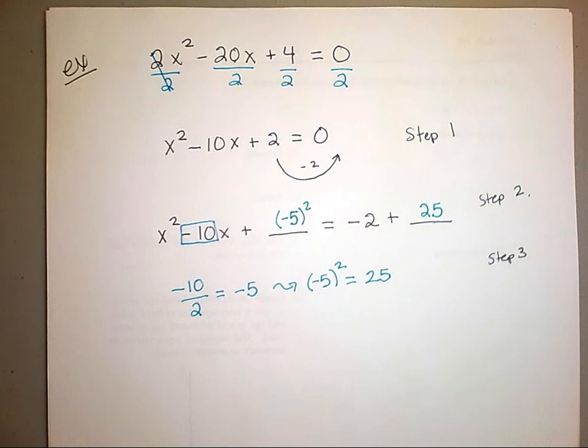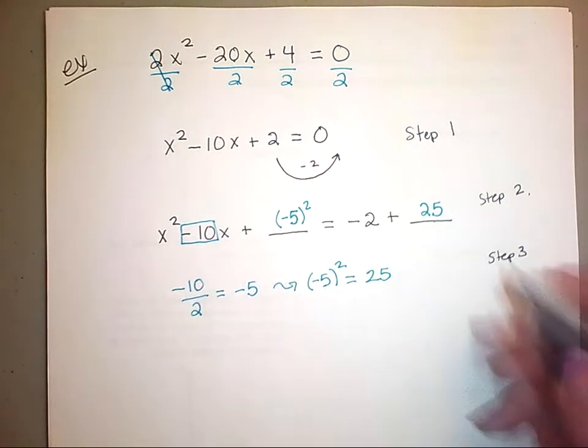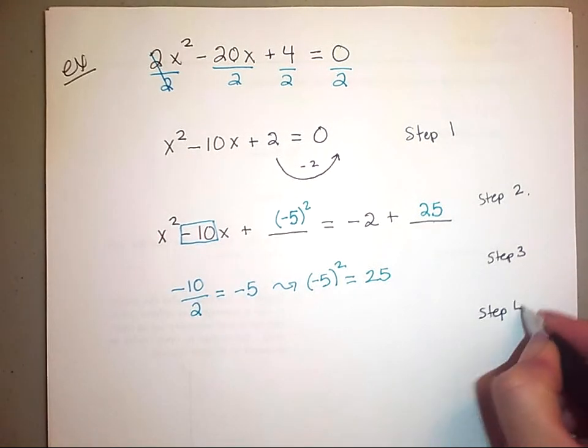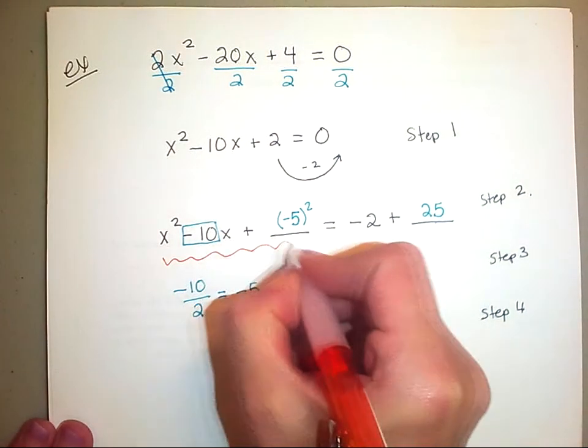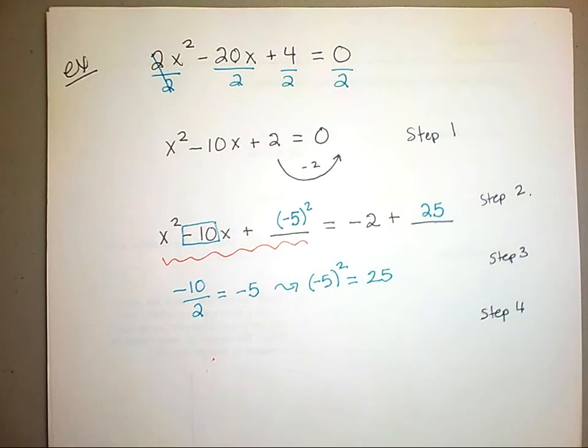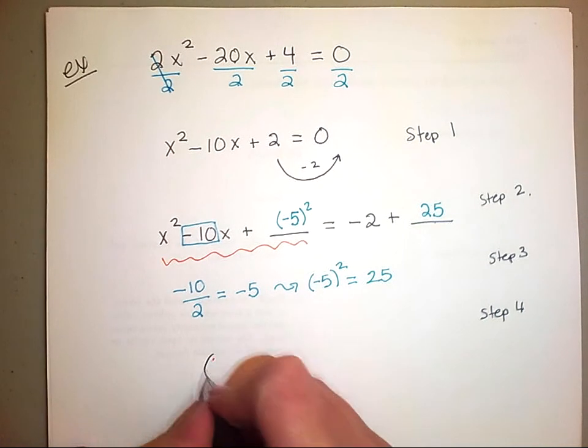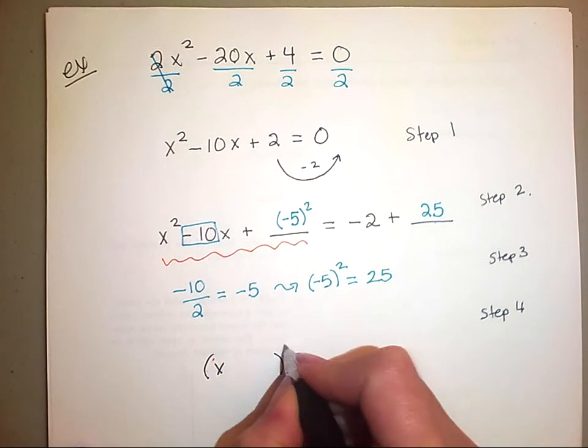I'll show you why in just a minute. Now, this is step 4. This side of the equation, by doing that, is going to collapse into something of the form x plus some quantity, squared.